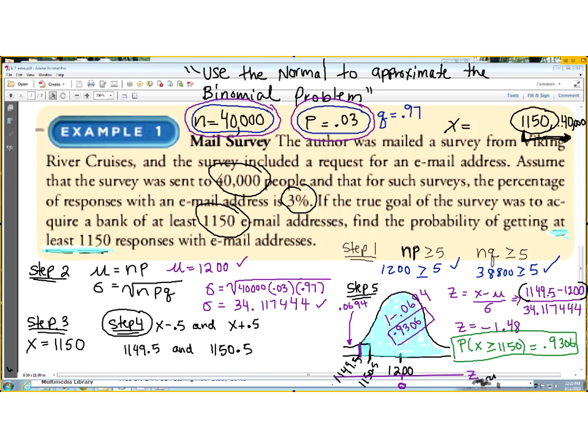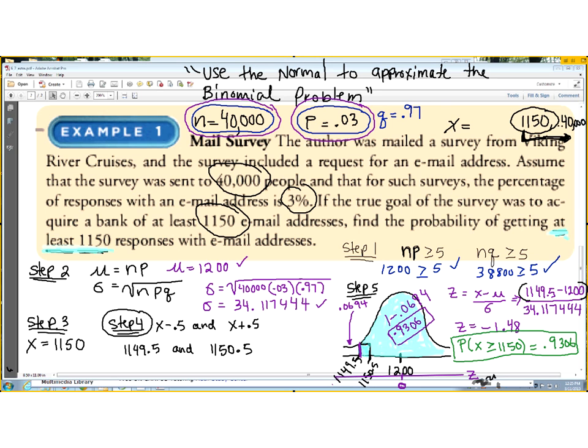Now, is this 0.9306 the exact probability, or is this an approximation? Yes. What we just did is only an approximation.